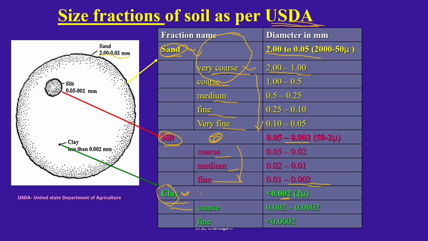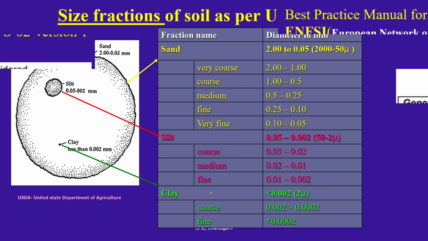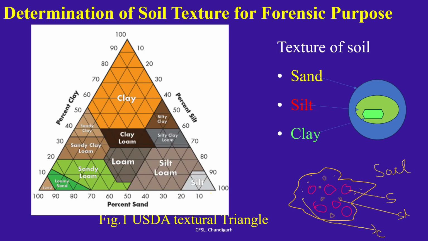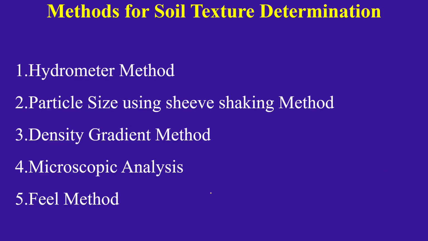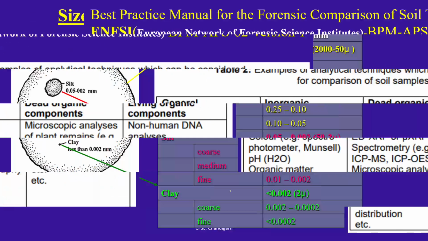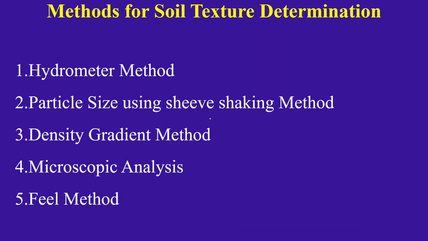First, you have to determine the percentage of sand, silt and clay using different methods. For the determination of particle size or the percentage of sand, silt and clay, there are various methods: hydrometer method, shaking sieve method, density gradient method, or microscopic analysis method.